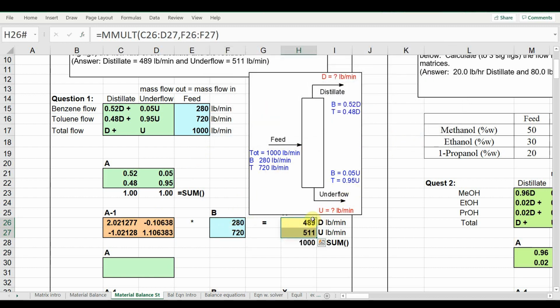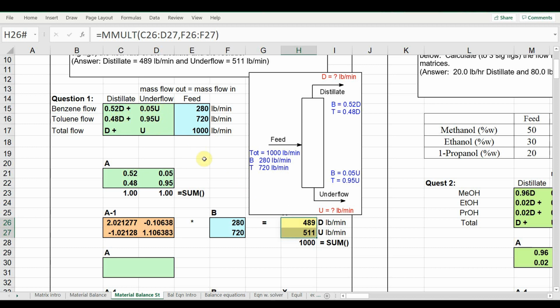And this is the matrix of the variables, 489 and 511. I put a sum function here. It should add to 1,000 because that is the total feed, which would be the total outflow as well, and that works. Now the matrix of the variables are displayed in order vertically in the same order that we've written them horizontally. So vertical order consistent with horizontal order, top to bottom, left to right. And that's it. It's so easy to use.